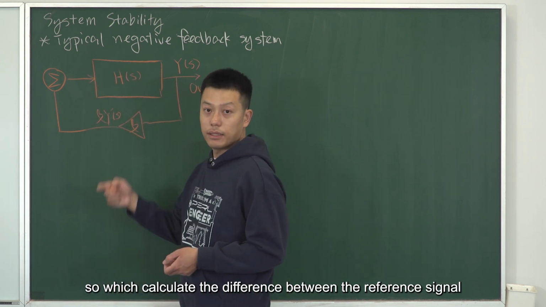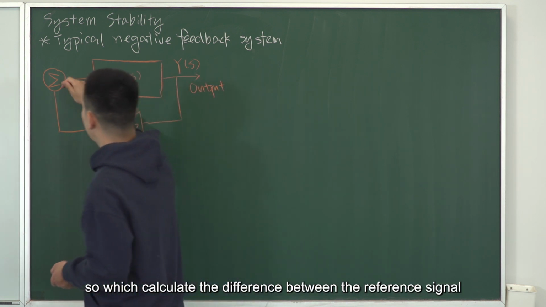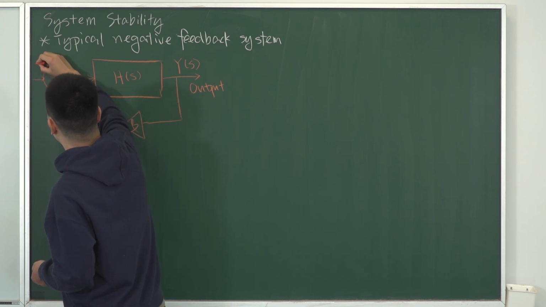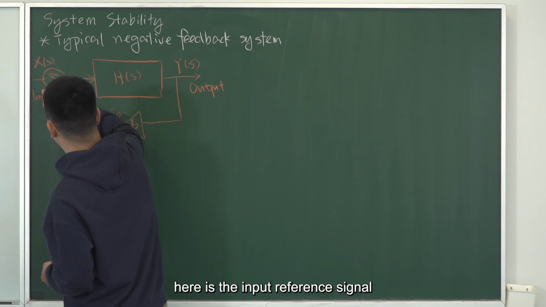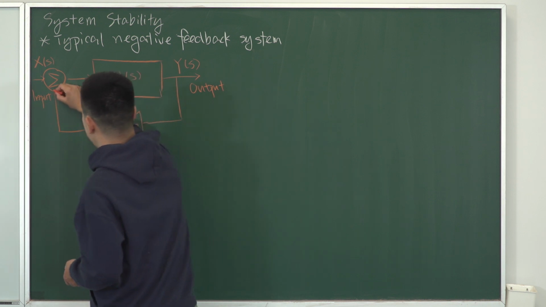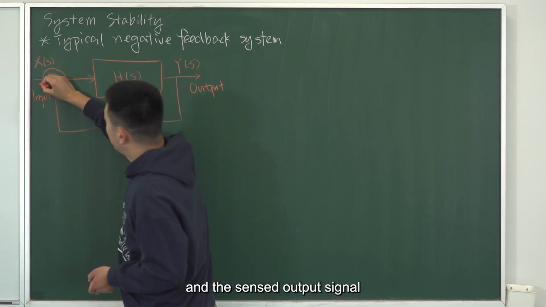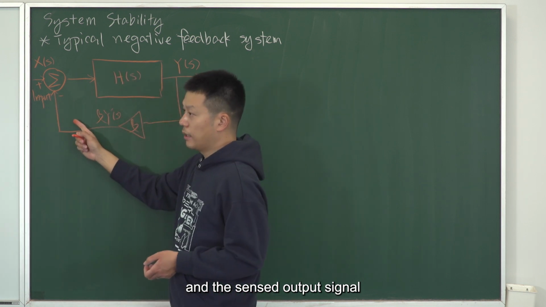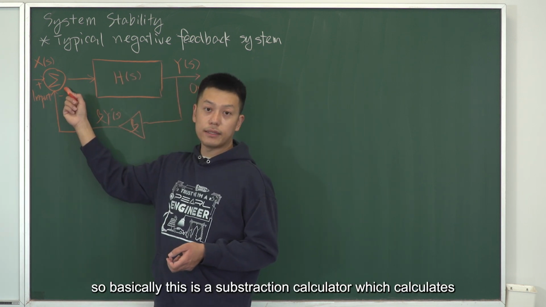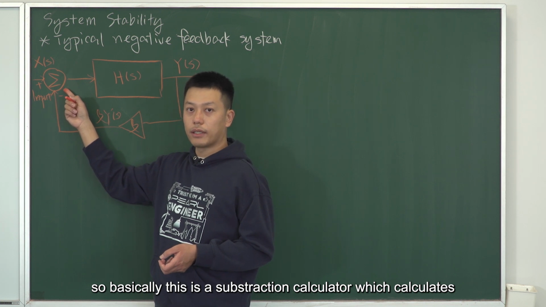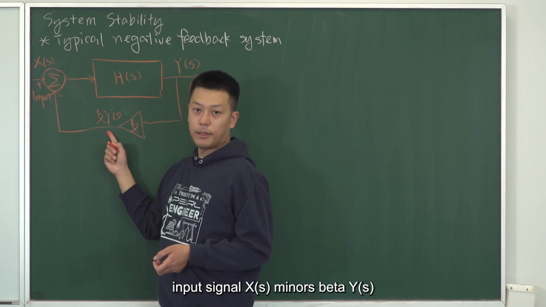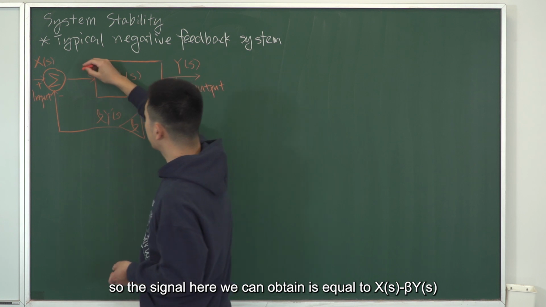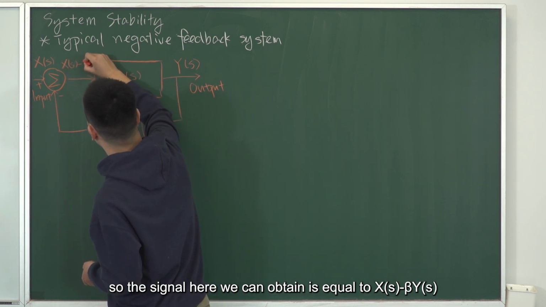which calculates the difference between the input reference signal and the sensed output signal. Basically, this is a subtraction calculator which calculates input signal X(s) minus beta Y(s). So the signal here is equal to X(s) minus beta Y(s).